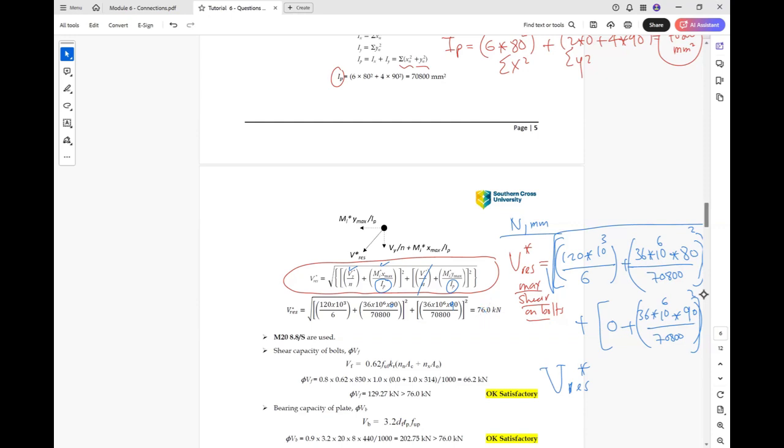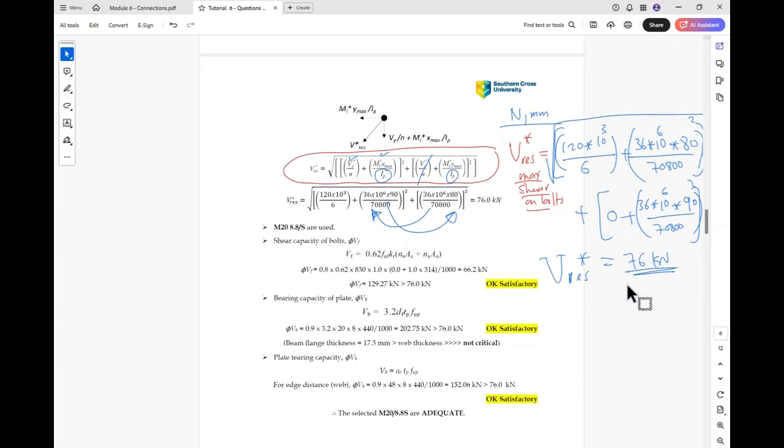Yeah, because there is no multiplication or summation, all of them are under the same root. So you are right, but this needs to be here and this needs to be here. So the value will be 76 kilonewton. So the maximum shear on the first bolt will be 76 kilonewton.